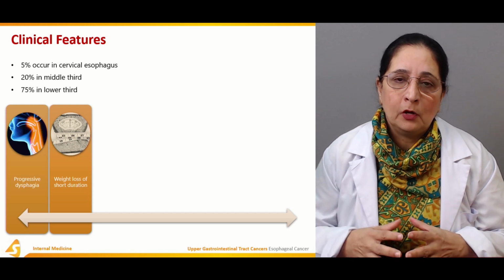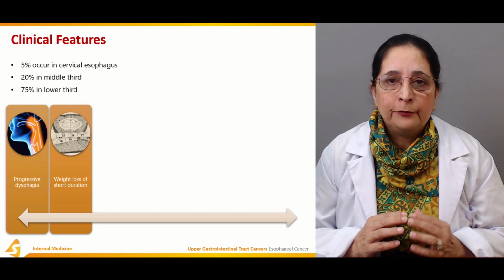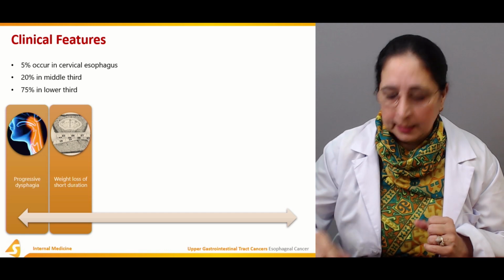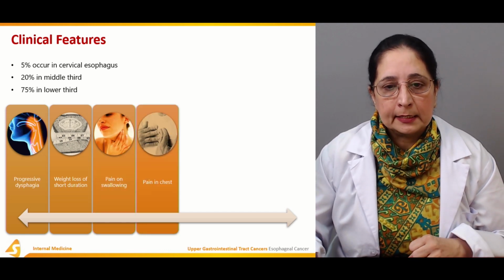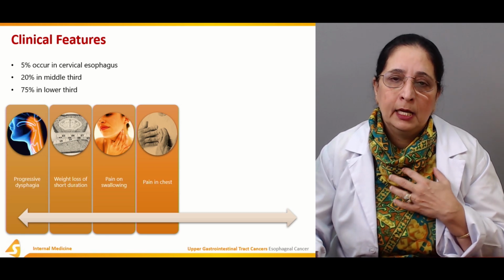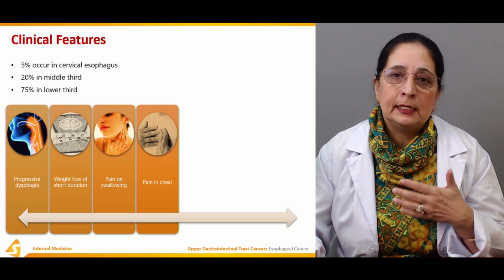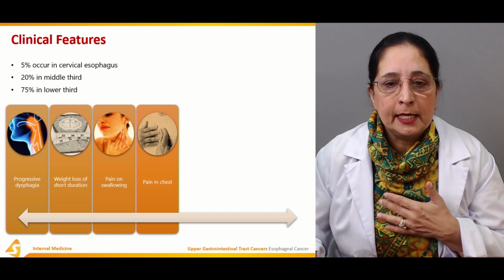When people do not eat properly because of dysphagia, the first sudden effect is weight loss. Pain on swallowing is present. There is pain in the chest because the lower portion of the esophagus, which is in the thoracic region, is affected.